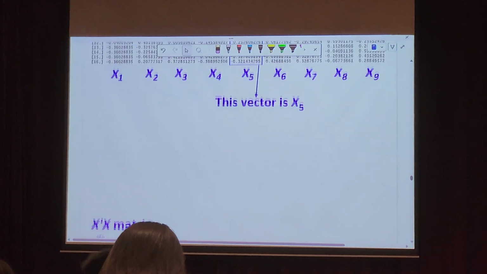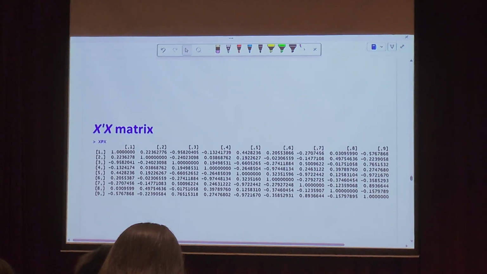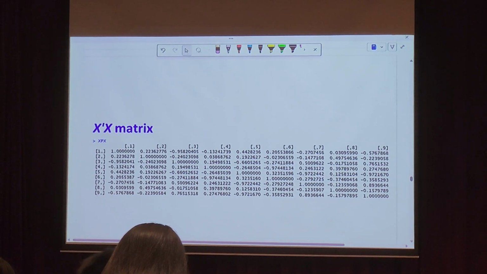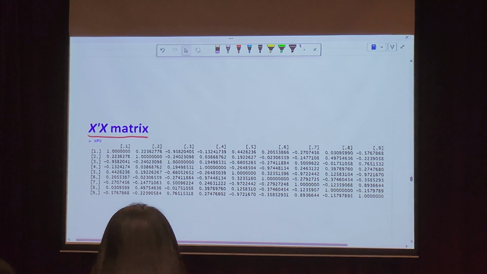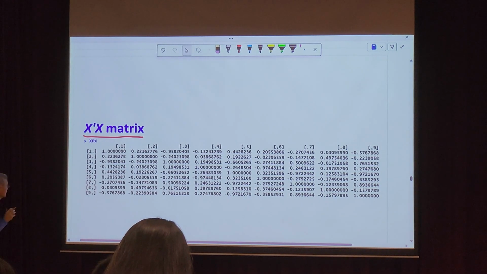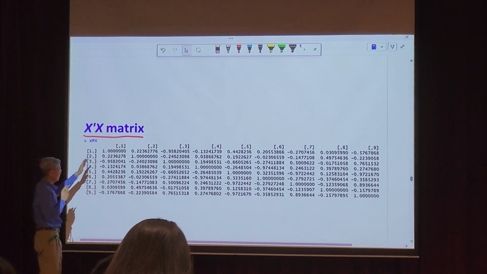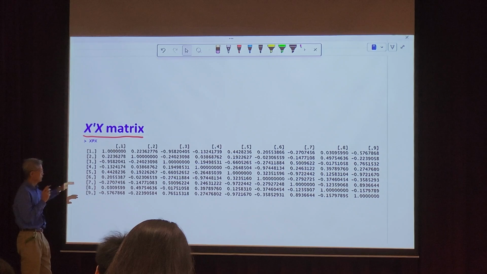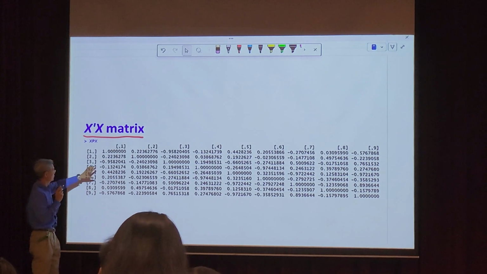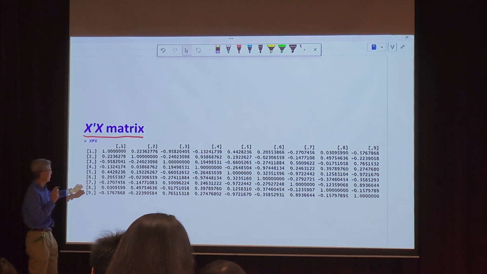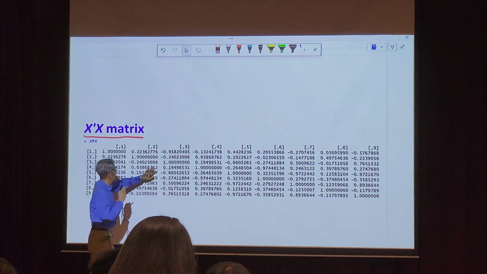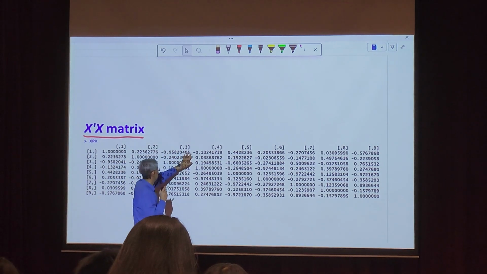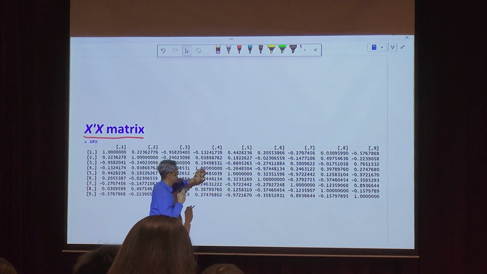But what is of interest to us is the X times T matrix. So this matrix, you can also take a look. Why? Because all the variables, regressors are unit length scale. So this is a matrix of correlation. So you check for high correlation. Yeah. So this is one of them.